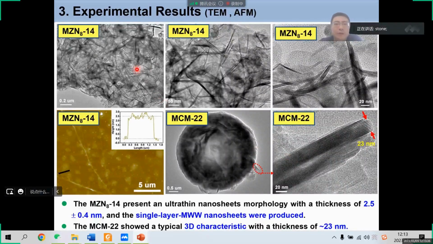We also give the TEM and AFM photos for typical MZN814 samples.